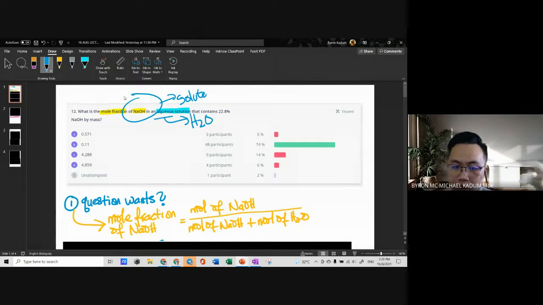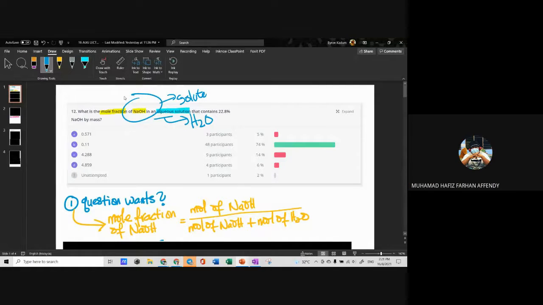Alcohol, like what we talked about just now in the induction phase, is also a solvent. But remember, when you see the word aqueous in a question, that means you have H2O as the solvent. Is that okay, everyone? Okay, sir.